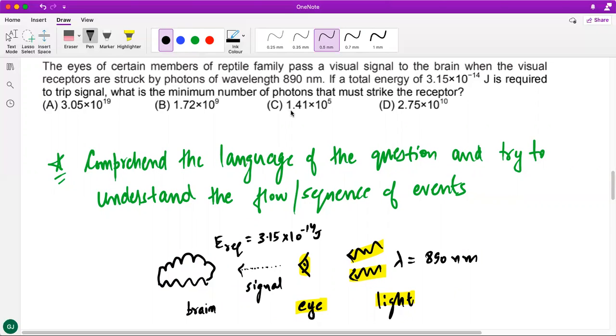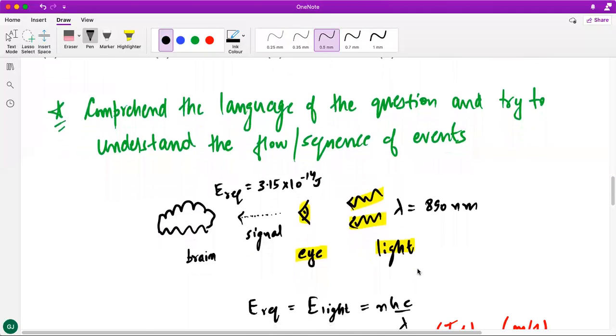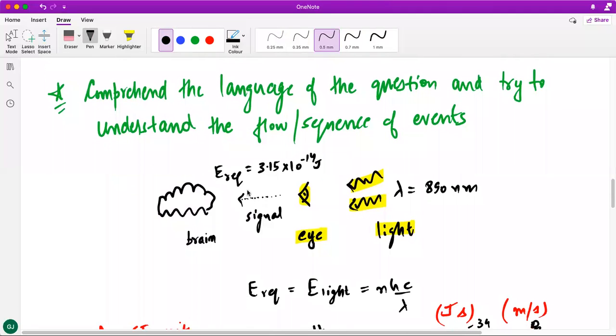So you are able to connect it back to the quantum theory of light and remember the concept that the energy of incident radiation is quantized and can be written as n times energy of a photon, which is hc by lambda. So now we understand this energy that is required to send the signal from eye to brain is coming from light only. And this energy of light can be written in the form of nhc by lambda.